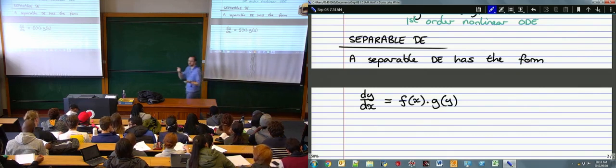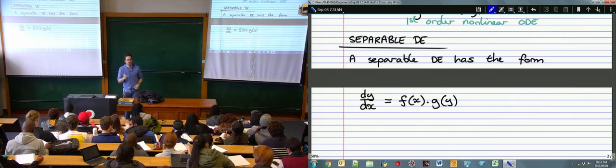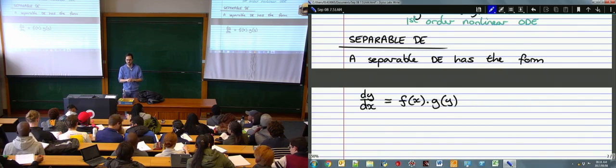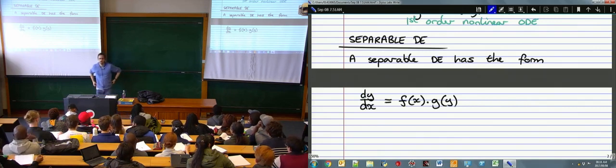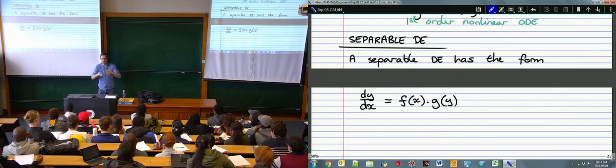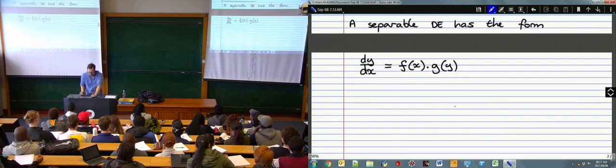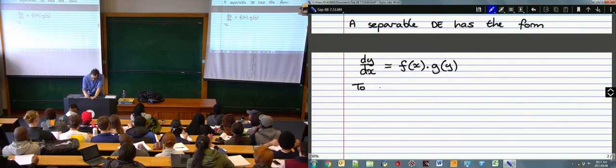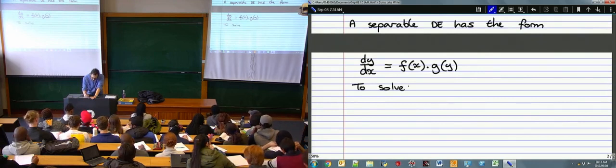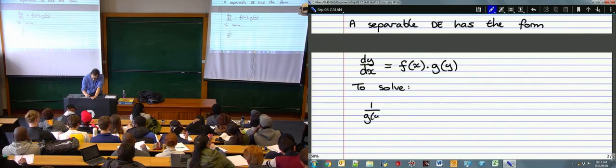Does anyone remember how we solve a separable differential equation? Sure, yeah. So to solve a separable differential equation, we separate. So to solve this, you would do the following. You divide through on both sides by g. And you've got to be a little bit careful.